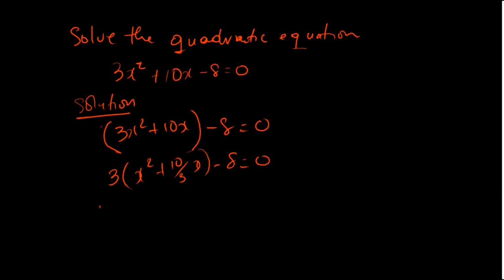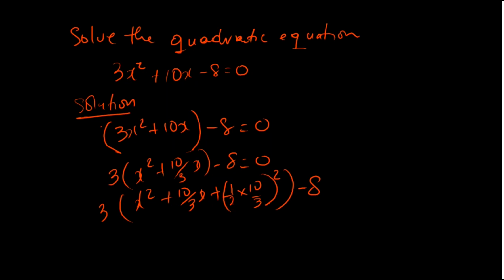Next, we're going to manipulate the expression in the bracket by saying x squared plus 10 over 3x. Then we're going to add half of the middle term, which is half of 10 over 3, squared, close bracket, minus 8.